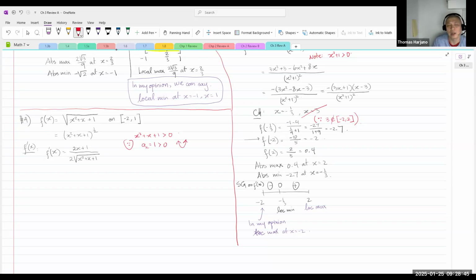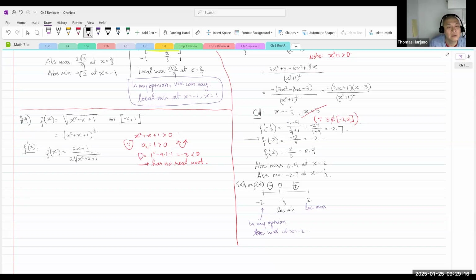But at the same time, the discriminant is negative, which means it doesn't have any real roots. The discriminant is b squared minus 4ac. So it has no real roots, so it basically will never be 0.